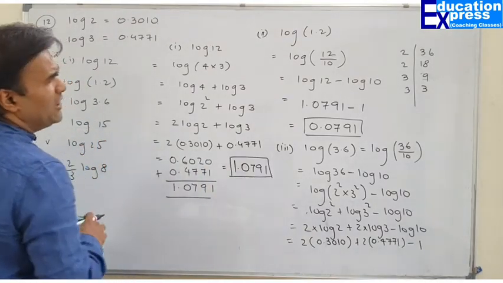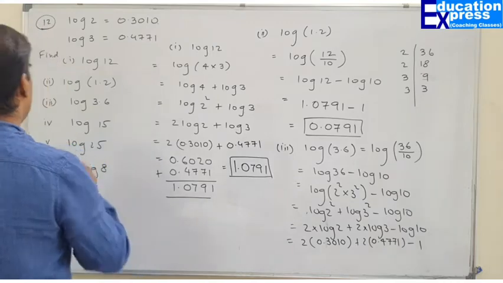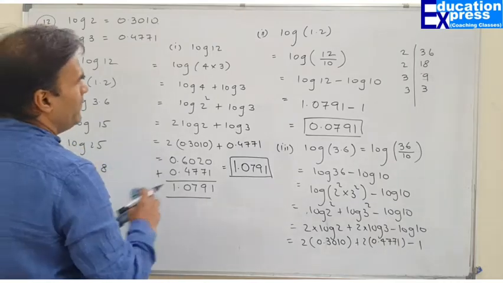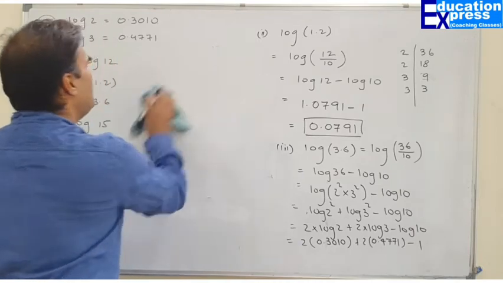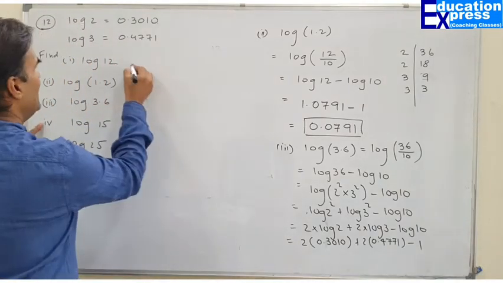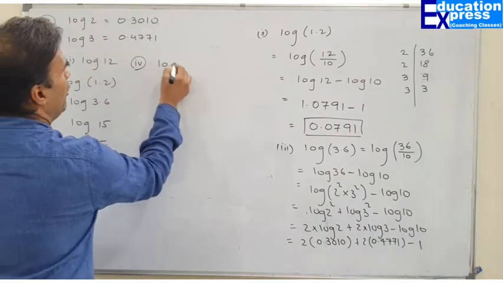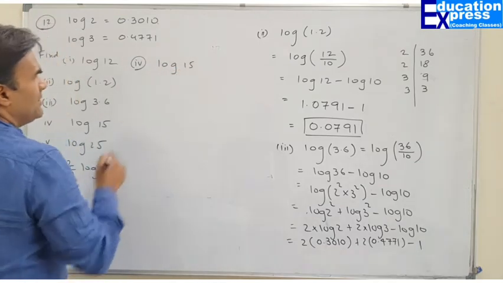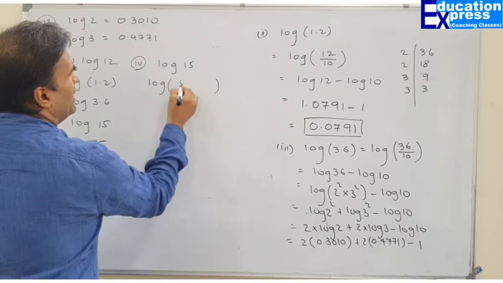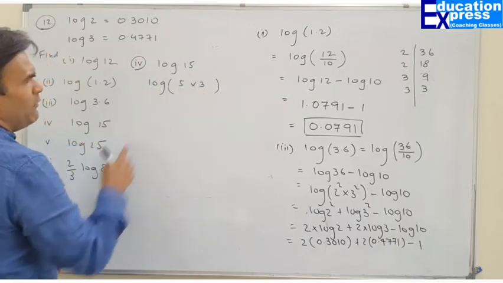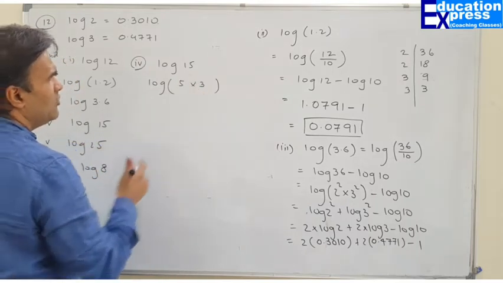How about question number 4? What was question number 4? Log 15. So how do we do the fourth one? If I see log 15, what I get is 5 3s are 15, so I want to eliminate this 5. What do I do?